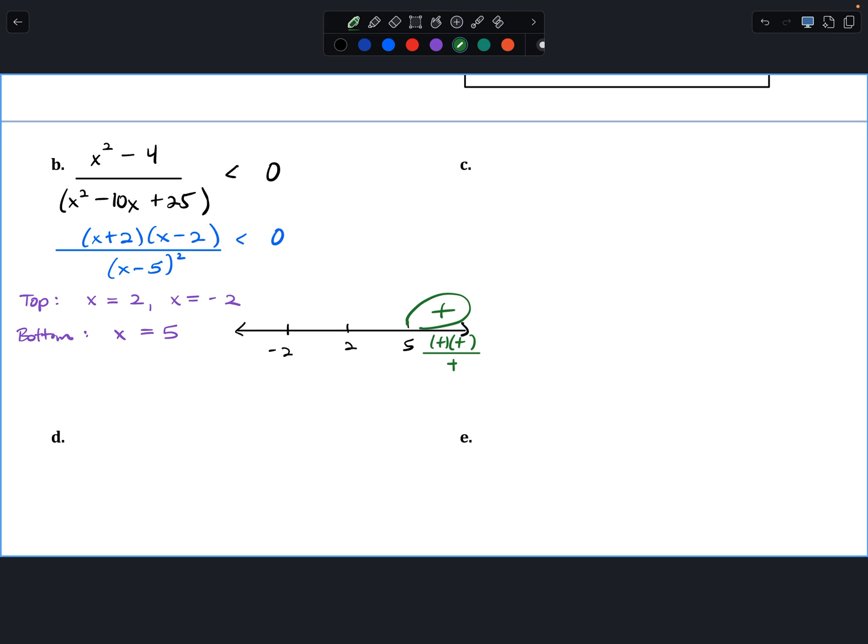A number between 2 and 5, I'm going to pick 3. Sorry, I was thinking ahead. I'm going to pick 3. 3 plus 2 is positive. 3 minus 2 is positive. Anything squared is positive. So this is positive.